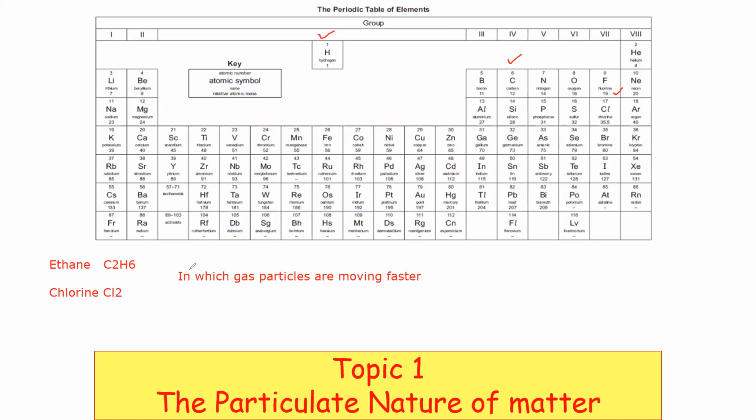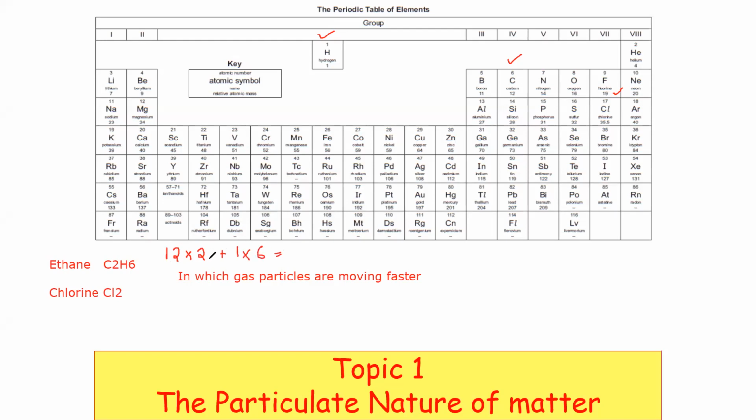So when we work out in which gas the particles are moving faster, we should work out the mass of each gas. First, ethane: carbon is 12, multiplied by how many carbons? 2. Plus hydrogen is 1, multiplied by how many? 6.